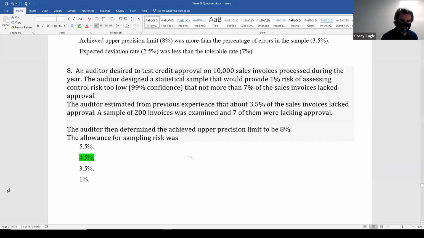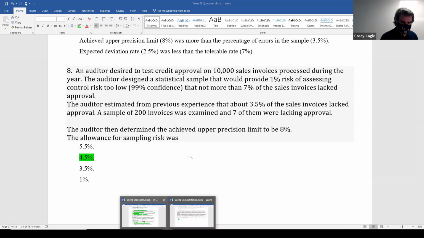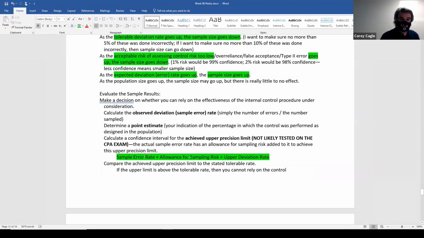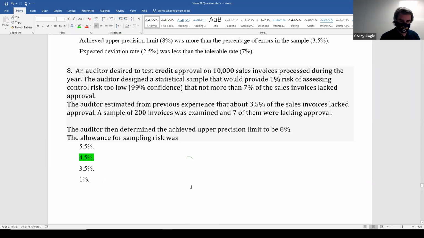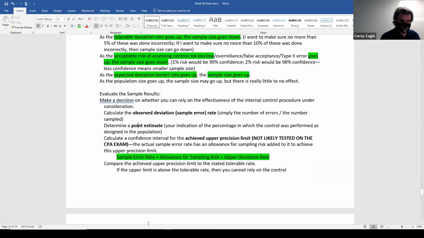So that all goes back to this little formula we highlighted a second ago. Sample error rate that we calculated, plus this allowance gives us that upper deviation rate. So the sample error rate or sample deviation rate, right?